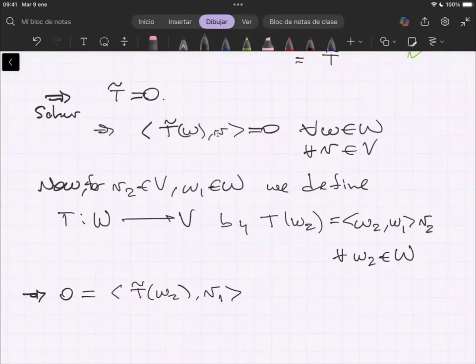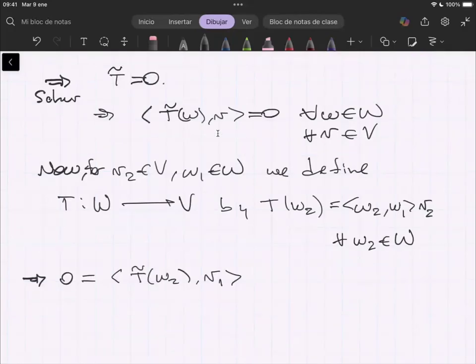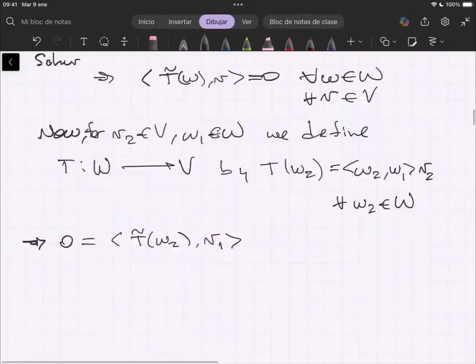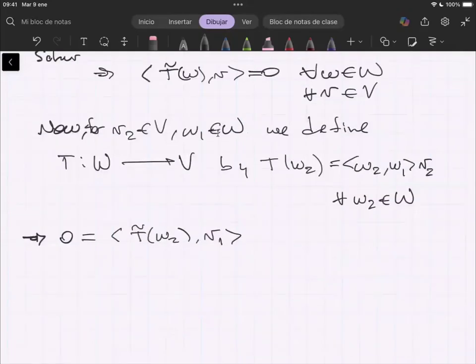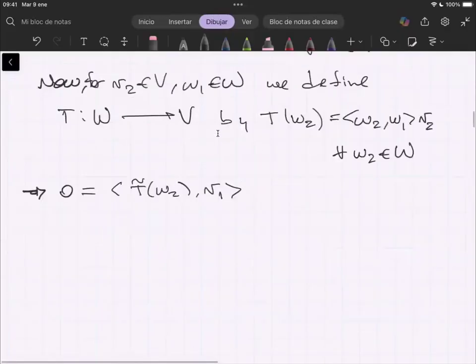So now I take a specific T. And for this specific T, we know that T tilde has to be 0 because it is an intertwiner. I'm going to do the calculation with this T tilde. So now we fix this T tilde, with this T we fixed. So what is T tilde with this T?